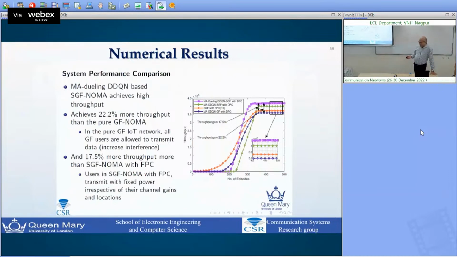Basically the idea is that for the grant-based only scheme, we allocate excess resources. That excess we can utilize by finding the interference threshold, so without affecting the quality of service, the remaining power could be utilized by the grant-free users.